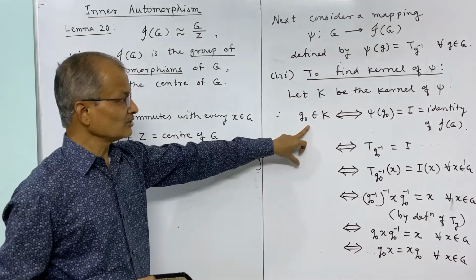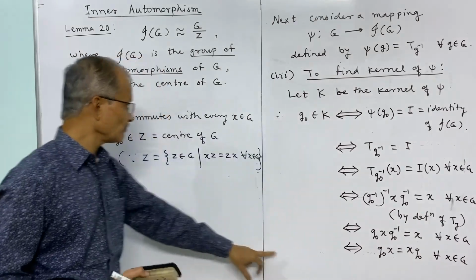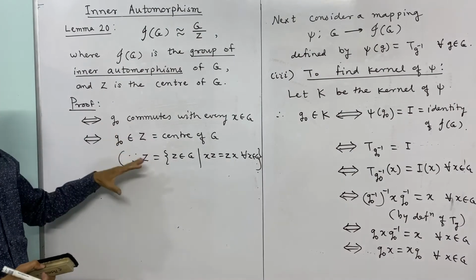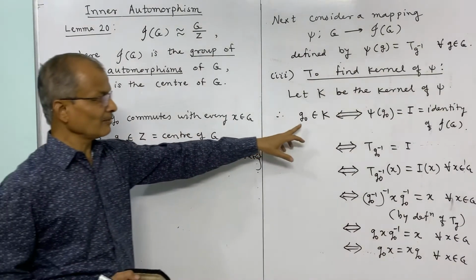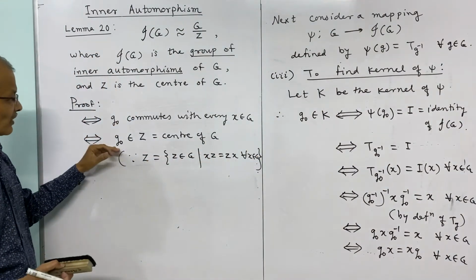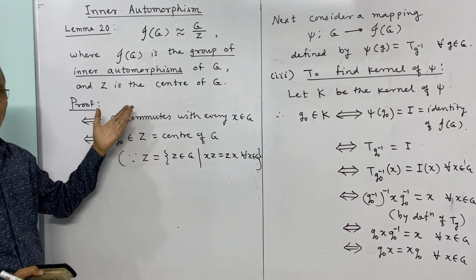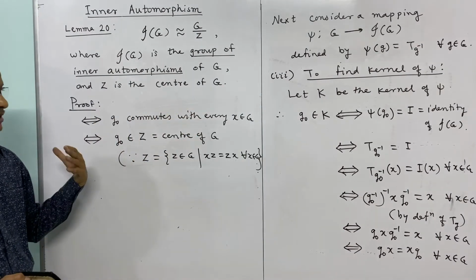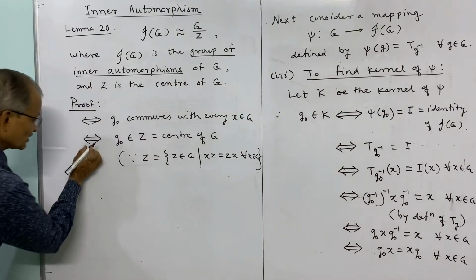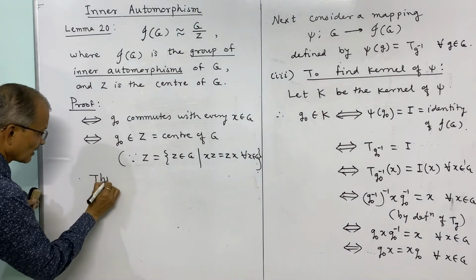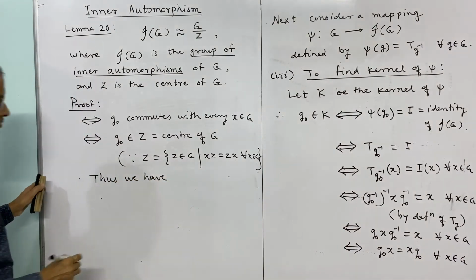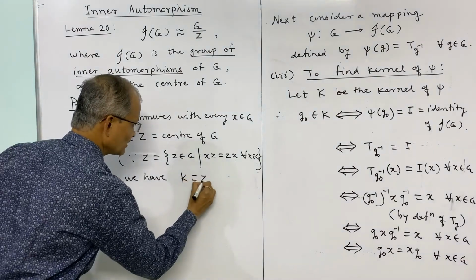And now see the starting and the end of these steps. We have started with G0 belongs to K, and we have obtained that G0 belongs to Z. So that implies and is implied by. That means every element G0 in K is also in Z, and conversely, meaning K must be equal to Z, or K is a subset of Z and Z is a subset of K. Thus we have K is equal to Z. But what is K?